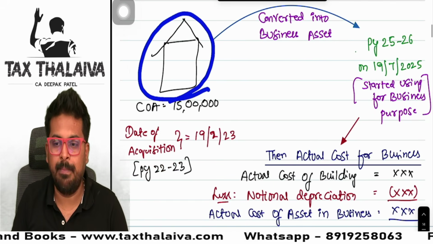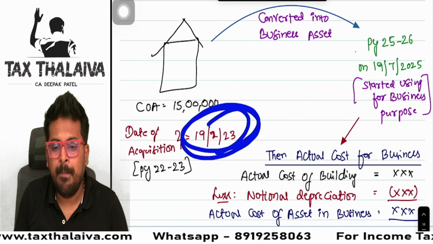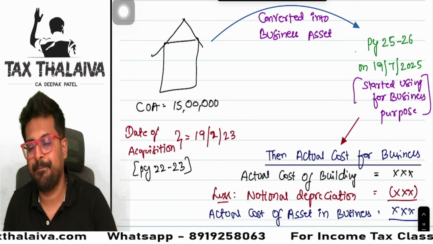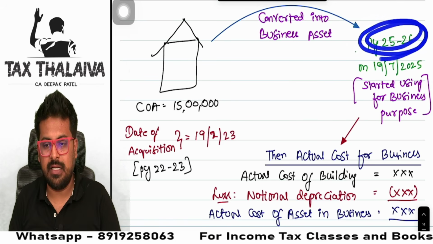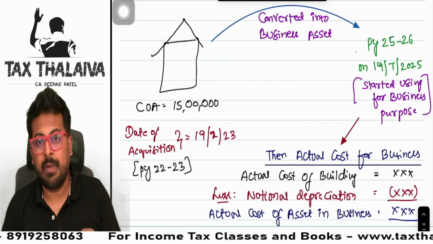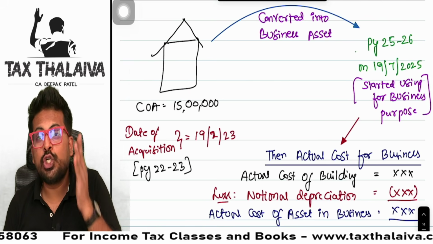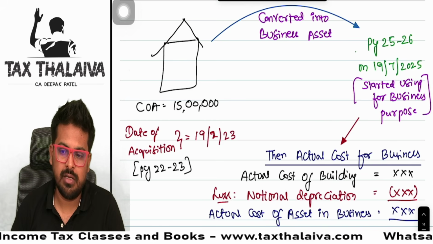Let's say there is a building which you purchased in previous year 22-23, and you converted this building into a business asset in previous year 25-26. In that case, there is a question: what should be the cost of asset in the business books which I have to consider?